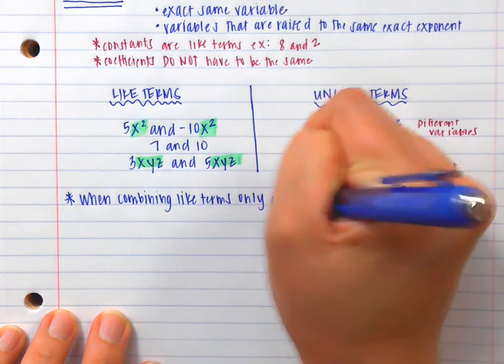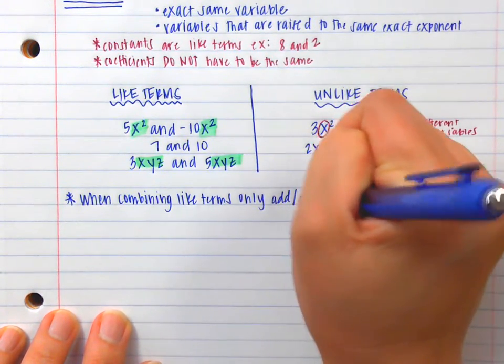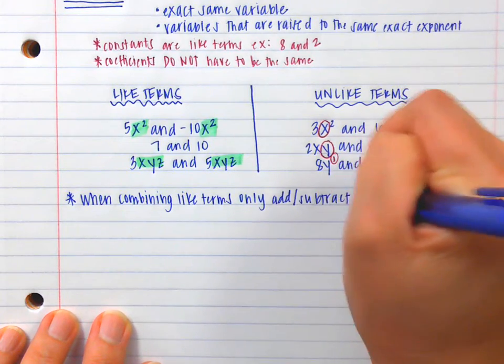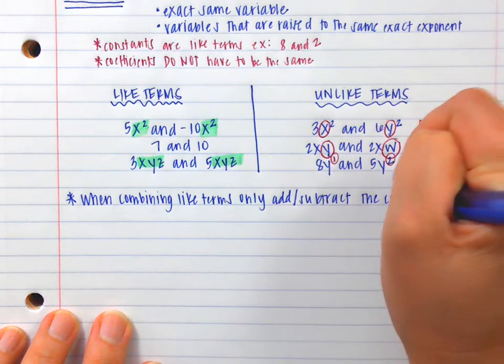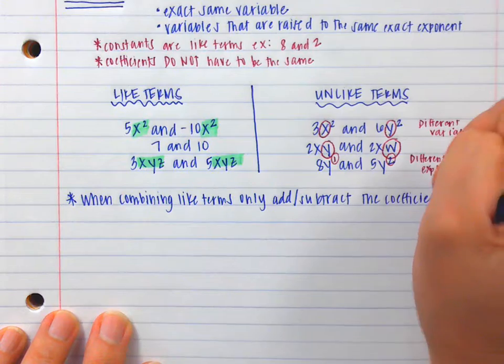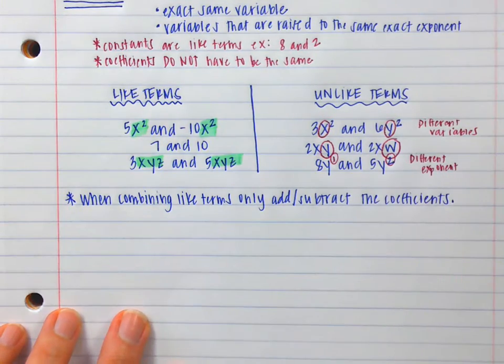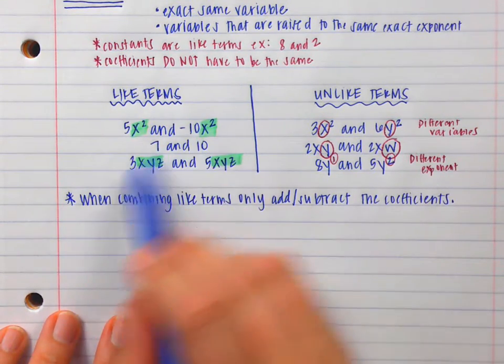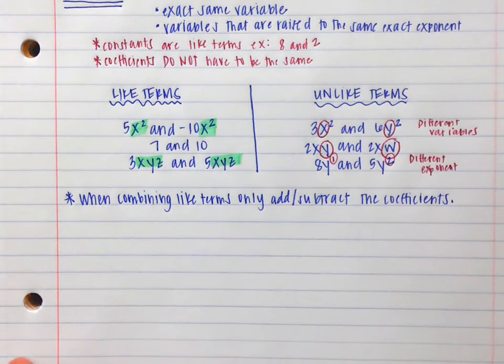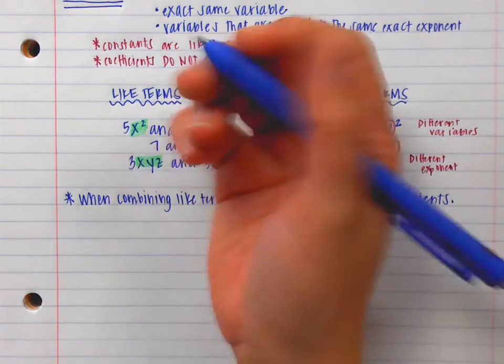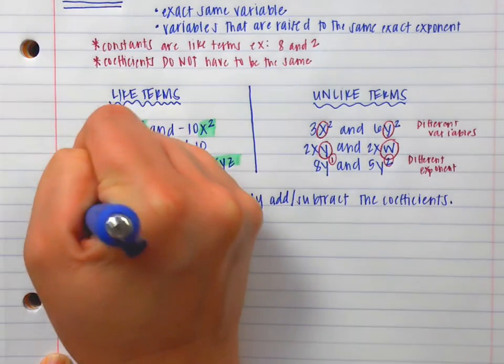Only add or subtract the coefficients. So the coefficients, remember, are the numbers in front of the variables. So when combining like terms, only add or subtract the coefficients. The variables stay the same.